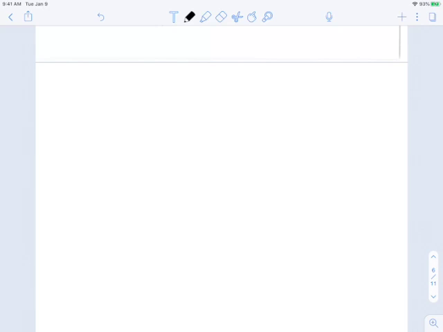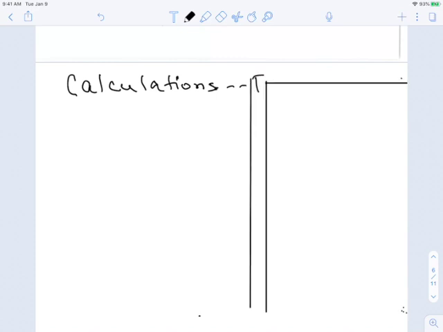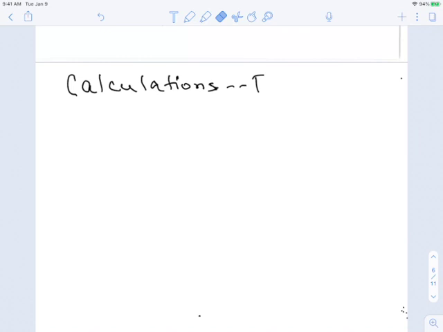It should be fairly well organized. So I'm going to put my calculations here. I'm only required to show the calculations for one trial, so I'm going to show trial number 1. Of course, you'll have to do calculations for both trials, but you're only required to display one set.